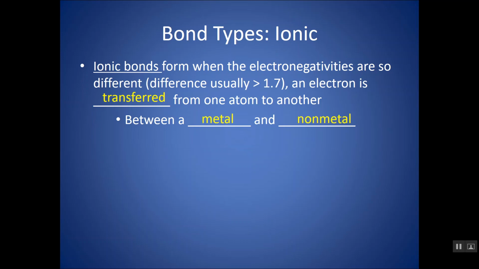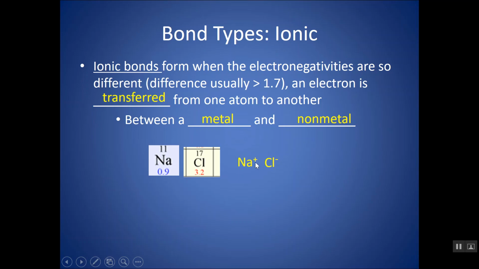So if you see two nonmetal atoms together, you can assume there's a covalent bond. If you see a metal and a nonmetal, you can assume there's an ionic bond for the most part. Are there exceptions to this? Yes, but in general, this will fit most of the problems that you see. Something like NaCl, metal and nonmetal: sodium has such a lower electronegativity than chlorine that the chlorine atom actually steals the electron from sodium, and that is why sodium gets a positive charge and chlorine gets a negative charge.